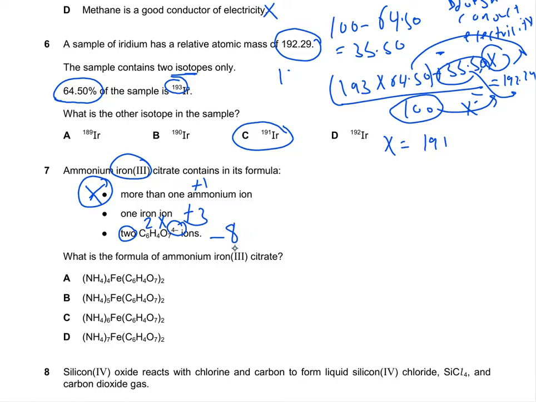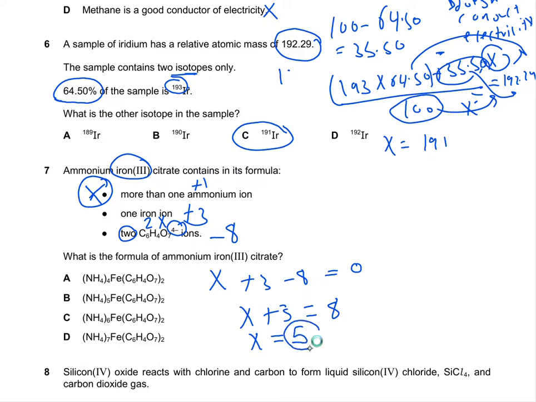So we could calculate X by using the equation that says that the net charge of any compound equals 0. So the net charge of this compound equals 0. So X plus 3 minus 8 equals 0. So X plus 3 equals 8. X equals, so with the positive we go with the negative, so X equals 5.